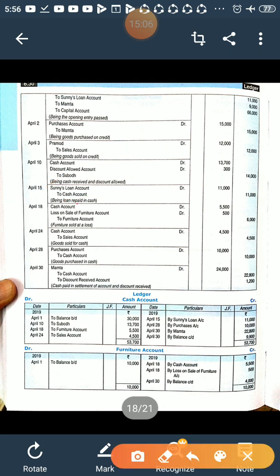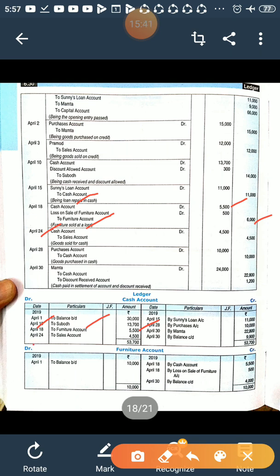Now cash is involved here. Cash was debited 5,500 and the account which is credited against cash account is furniture. So we will write on the debit side amount 5,500 to furniture account and date this. Next, cash account is debited here on 24th.